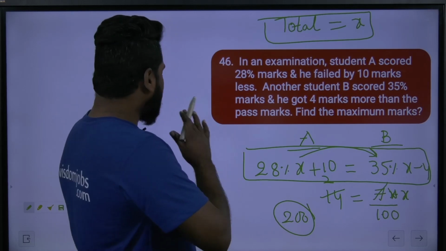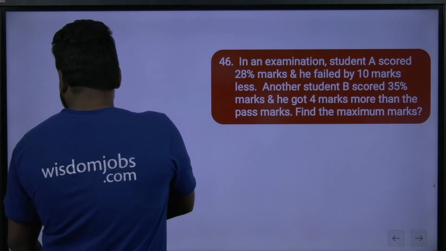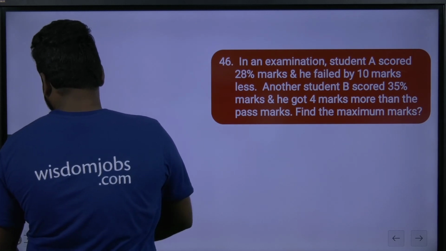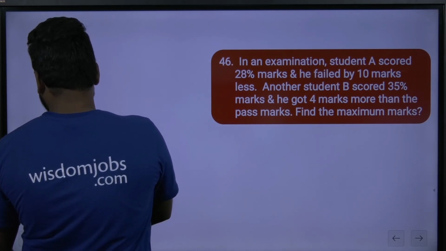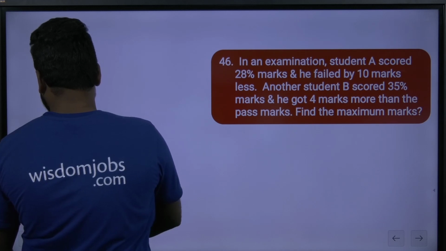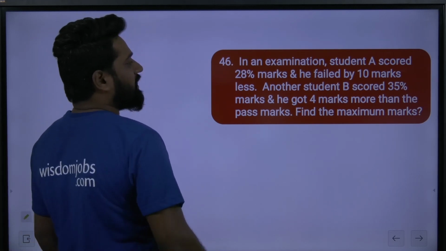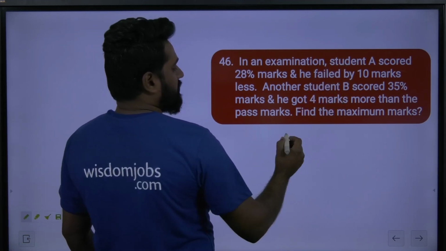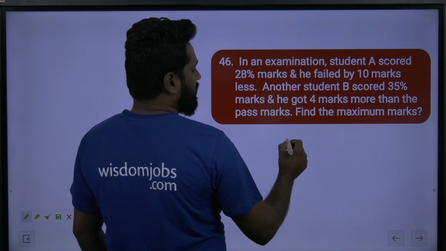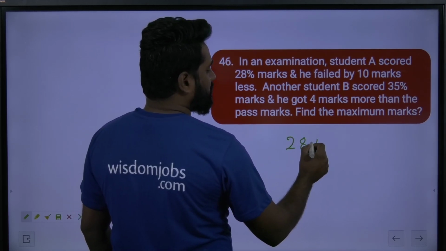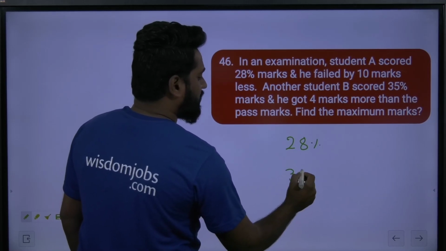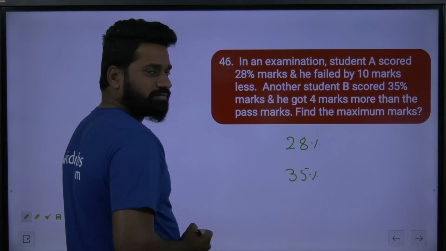Clear now? So the same thing you can perform in another way also. See here. Just I am writing here, first one got 28% of the marks, second one got 35% of the marks.